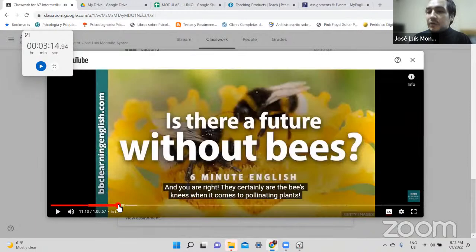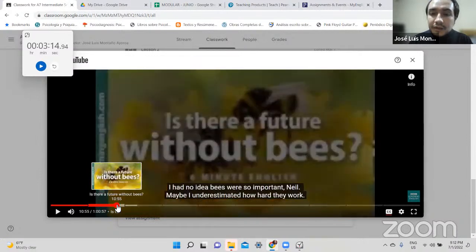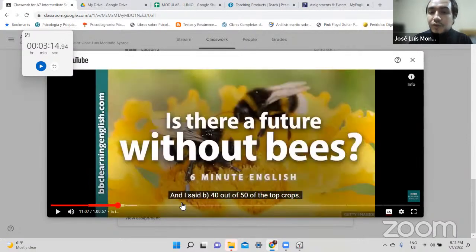Okay, so close. It's going to be 40. 40 out of 50, but it's a lot, right? A lot of crops depend or rely. So depend on or rely on is going to be the same. They rely on insects to pollinate. That's why they are going to be very important over there. All right, so 40 out of 50 crops.